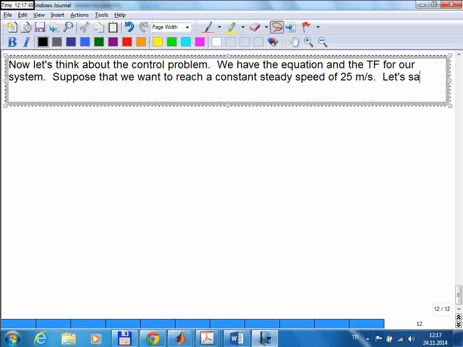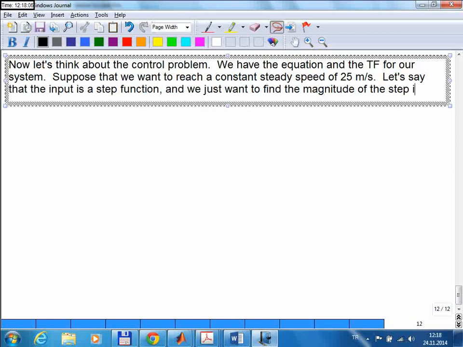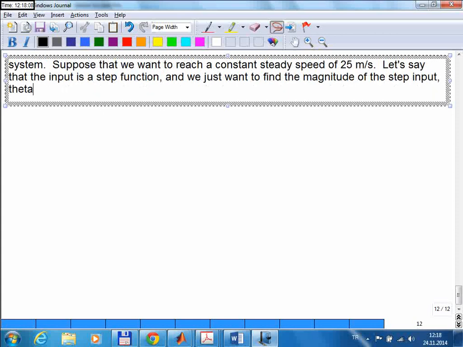So let's also say that the input is a step function, and we just want to find the magnitude of the step input, which is theta 0.